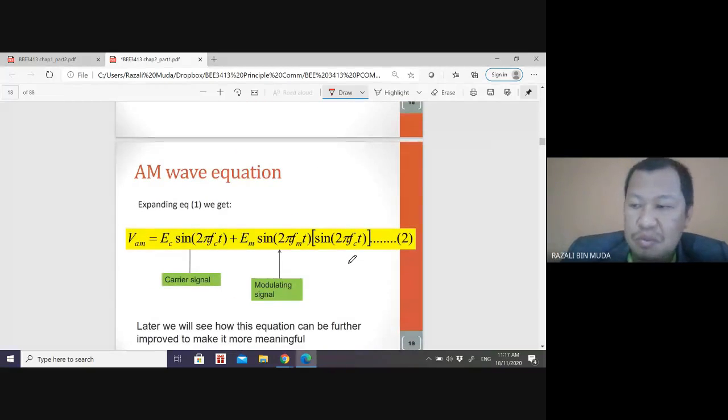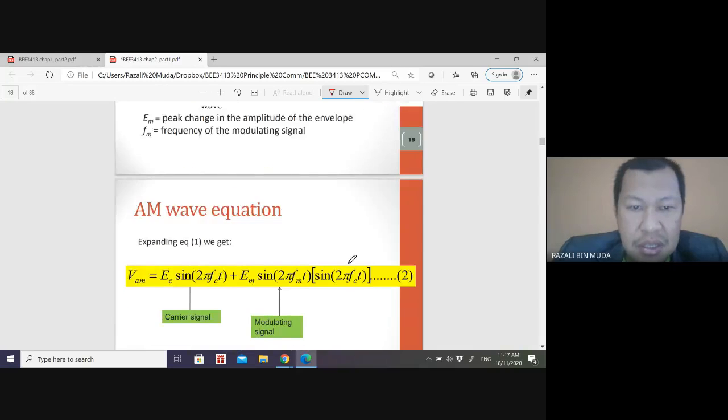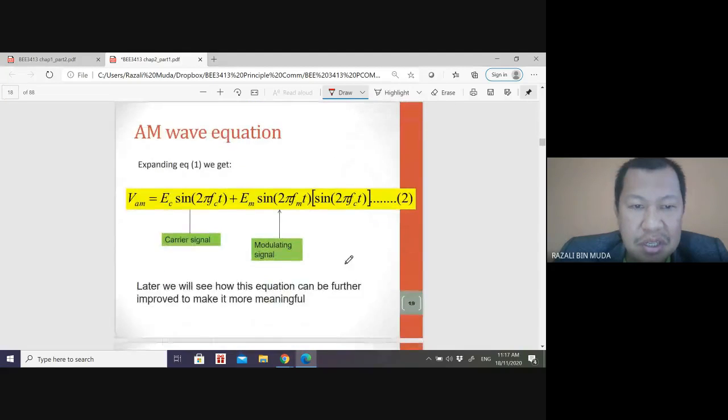Okay, so by expanding the equation, we can always expand, derive the equation. So now you get this equation, Ec sin 2π fc t plus Em sin 2π fm t. Apa ni daripada sini?